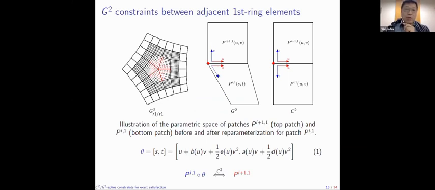First of all, we need to develop all the constraints in order to make such a connection of this extraordinary region. Along all these edges, we apply G2 continuity constraints. After some kind of reparametrization we can achieve C2, but in reality it's G2 continuity constraints.